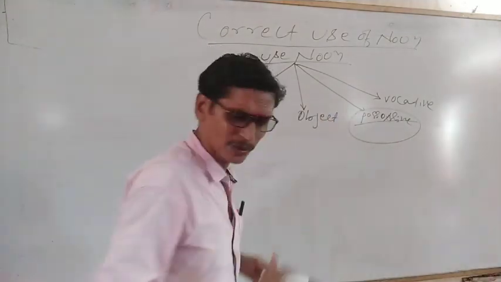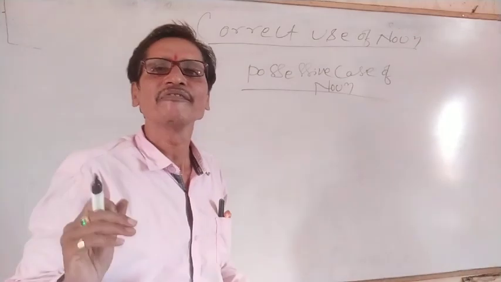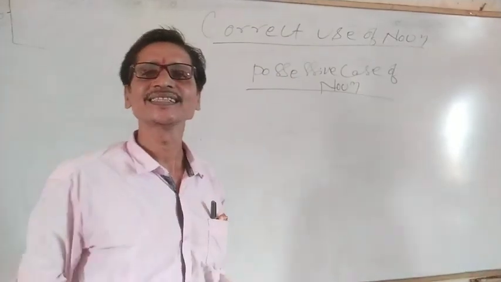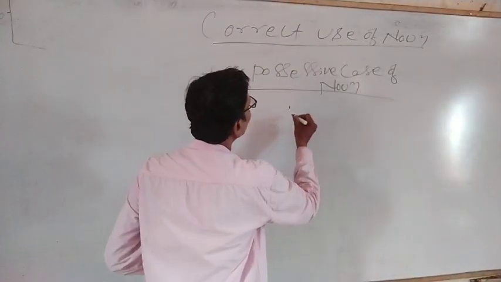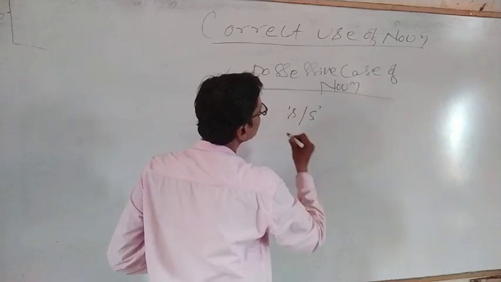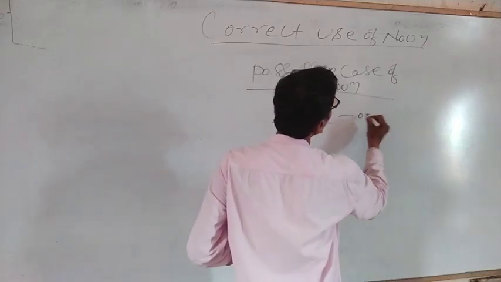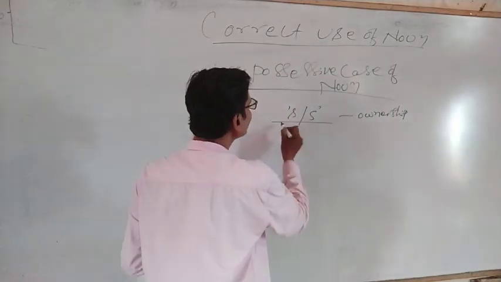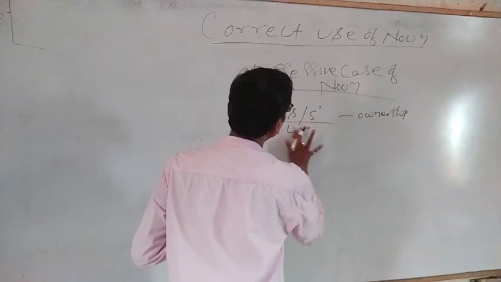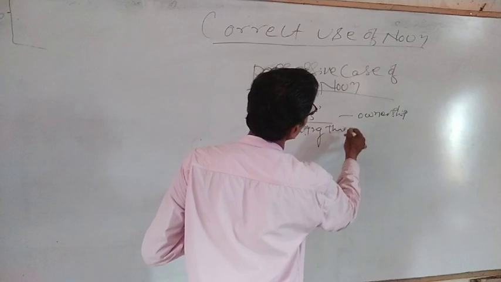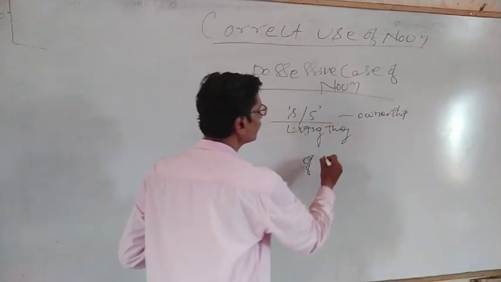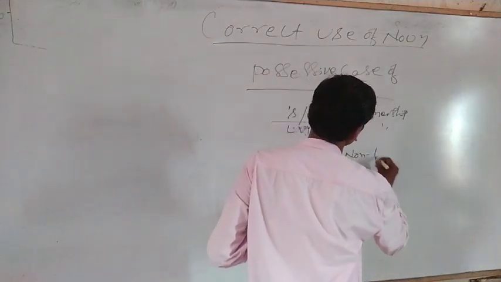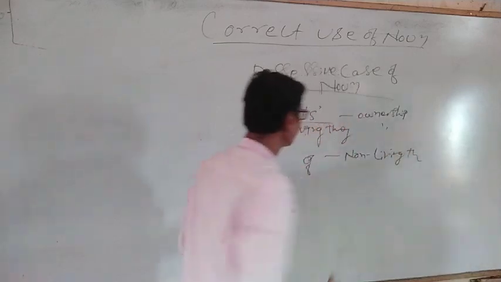Just see. When we talk about the possessive case of noun, last class we discussed that we use apostrophe s or s apostrophe to talk about ownership. We use this for living things, and we use of for talking about ownership of non-living things.